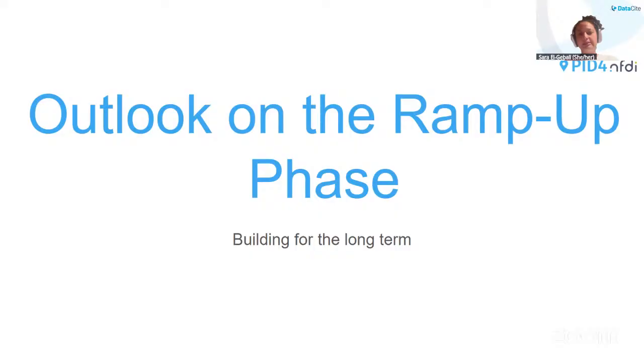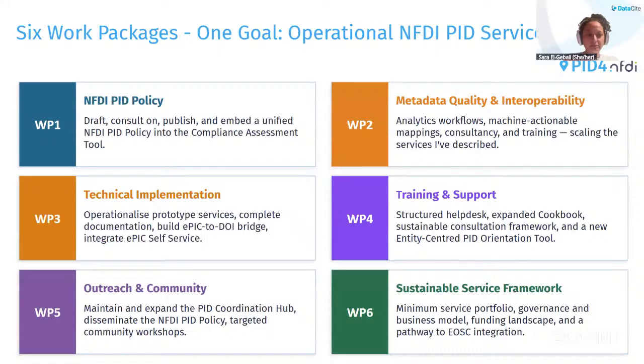So what we're doing is working across 6 interconnected work packages. They fall, maybe broadly, into 2 groups. We have expertise-driven activities and infrastructure-driven activities. One is the human side of the ecosystem, like work packages 1, 4, and 5.